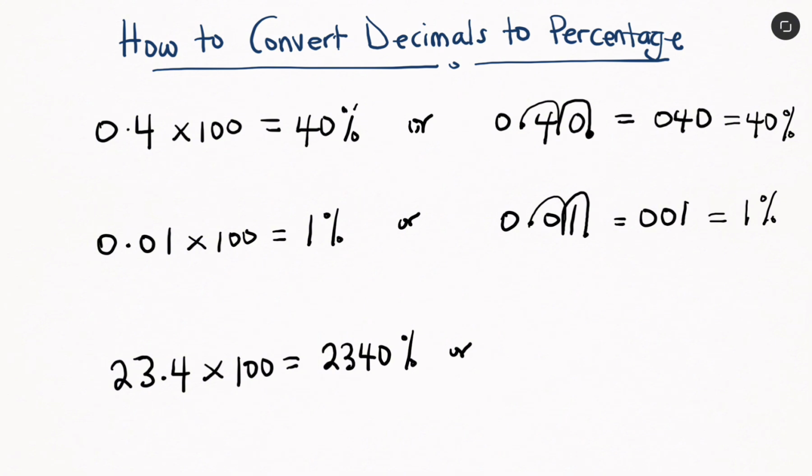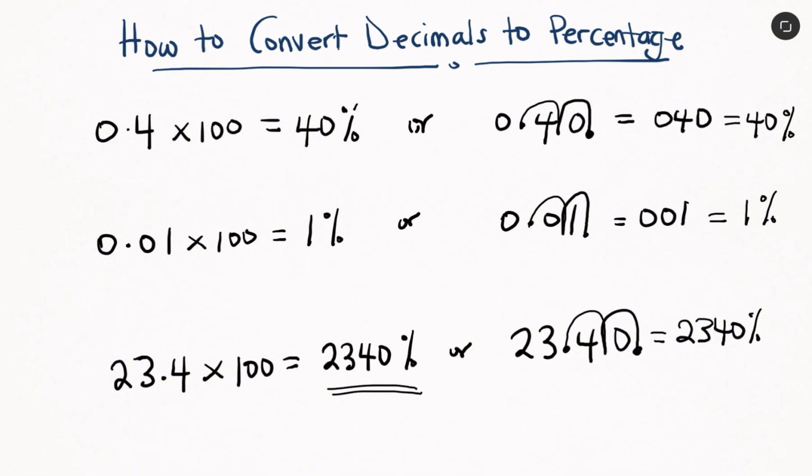Or if we do it our normal way, 23.4, okay, because we are converting to percentage, we'll move the decimal place 2 times. So this time around it is over here, so it's 1 2, it is now over here, so we add 0 over here, so this now becomes 2340, and then we add the percentage just like we had over here.